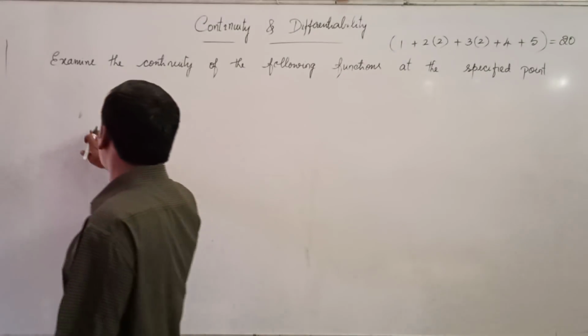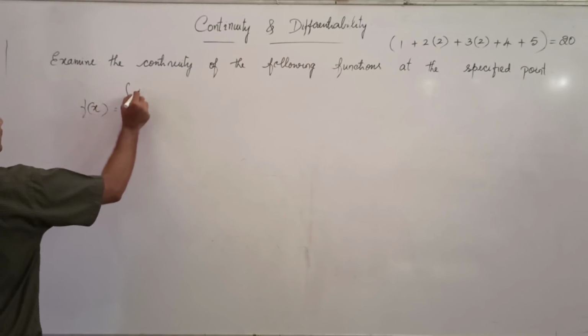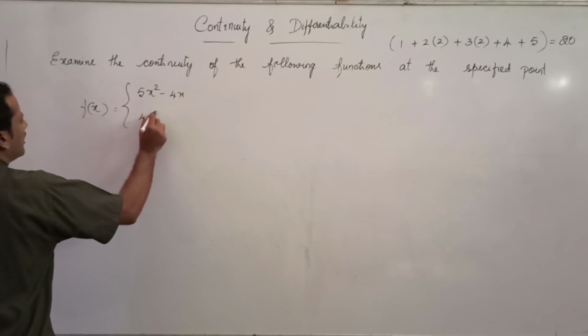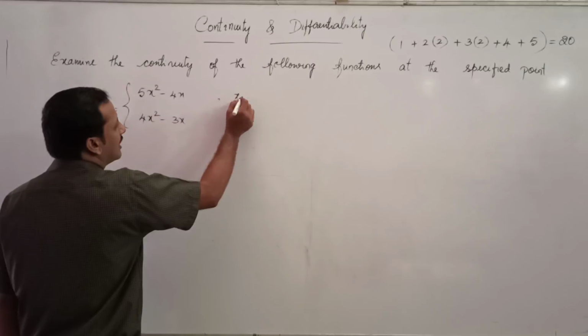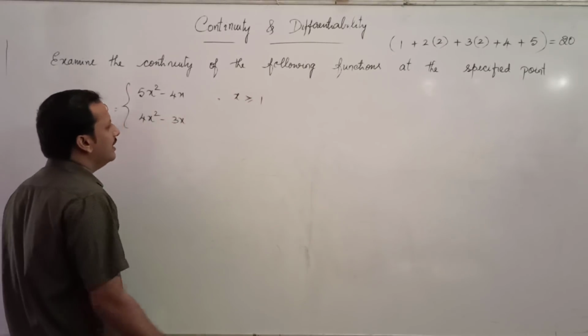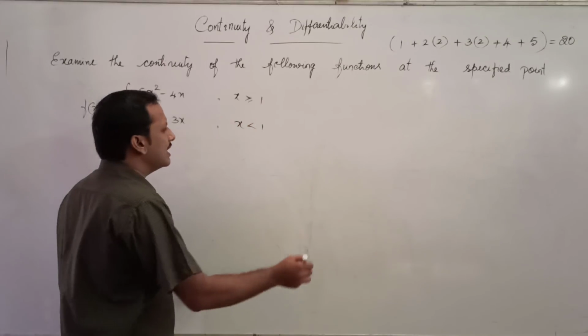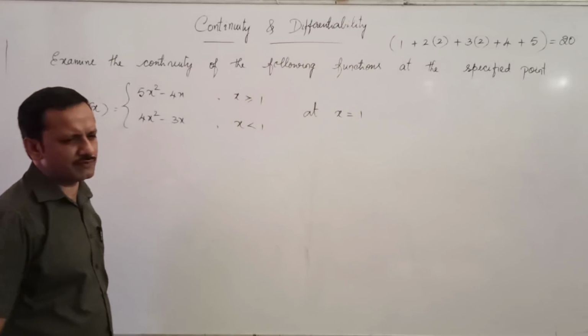f(x) equal to 5x² − 4x whenever x is greater than or equal to 1, and 4x² − 3x when x is less than 1, at x equal to 1. This is the question.